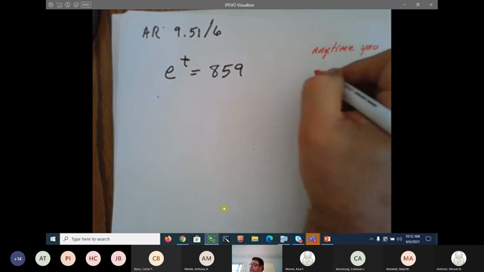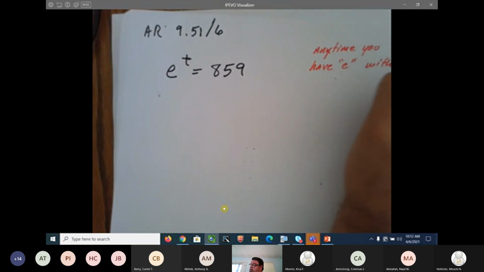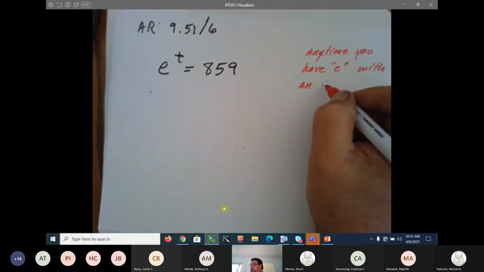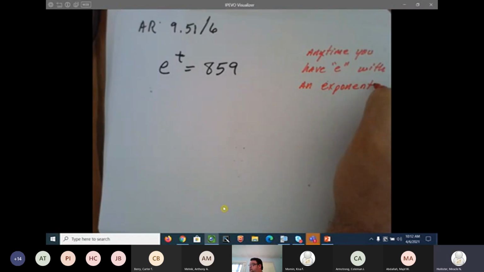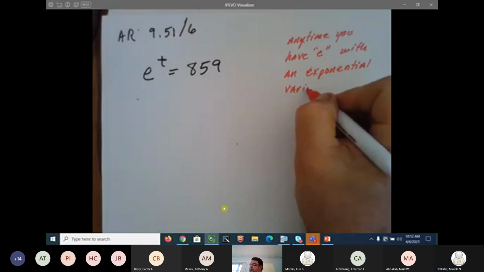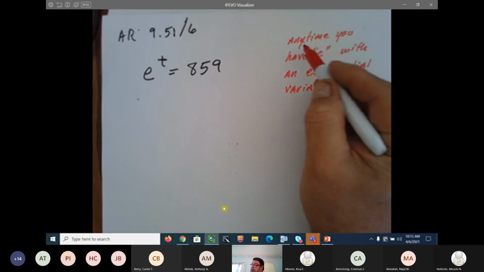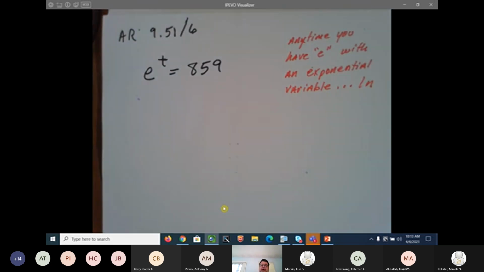Anytime you have e with an exponential variable, we did this in solving logarithmic equations, you're going to use the natural log. Take the natural log of both sides.